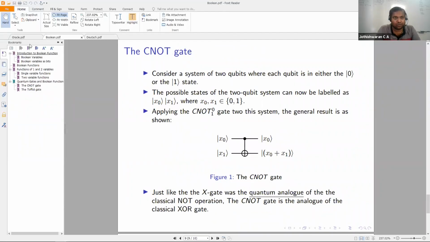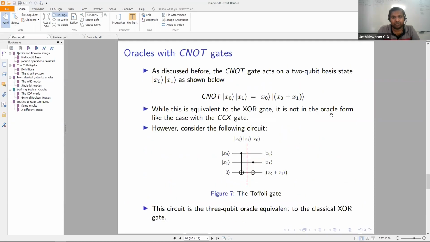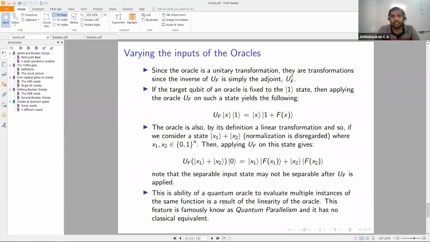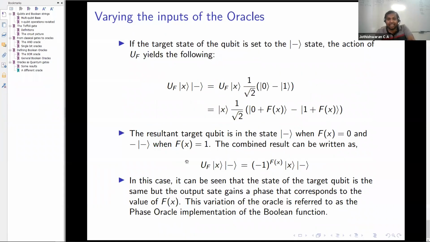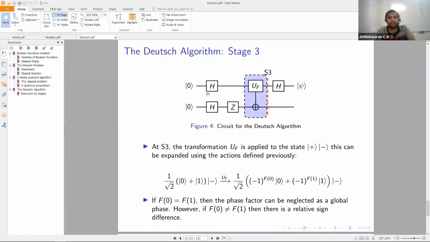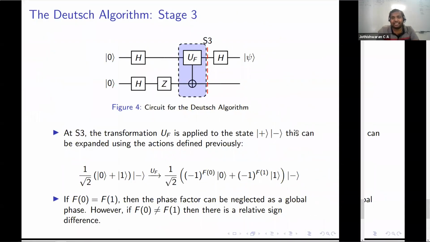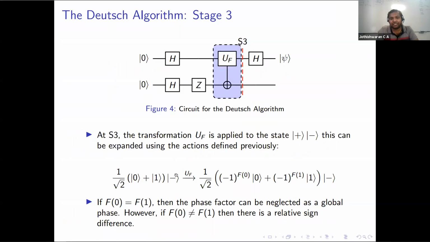When we were talking about the phase oracle, this was a single computational basis state. For a 1 qubit system, this would either be 0 or 1. However, in this case, this is in a linear combination and the minus state is here.